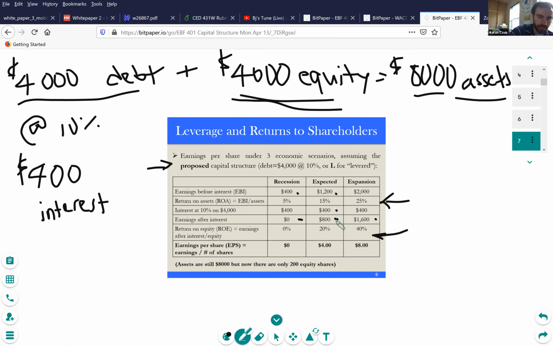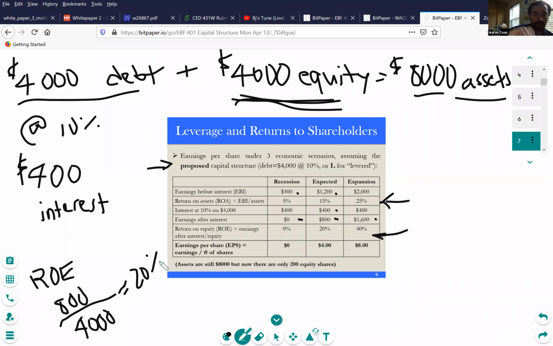So you think about ROE, return on equity, being this $800 of after interest earnings divided by $4,000, the equity portion of the financing. And that comes to a 20% return. So of the money that equity holders themselves put in, that's $4,000, the money that equity holders get to take home is $800.